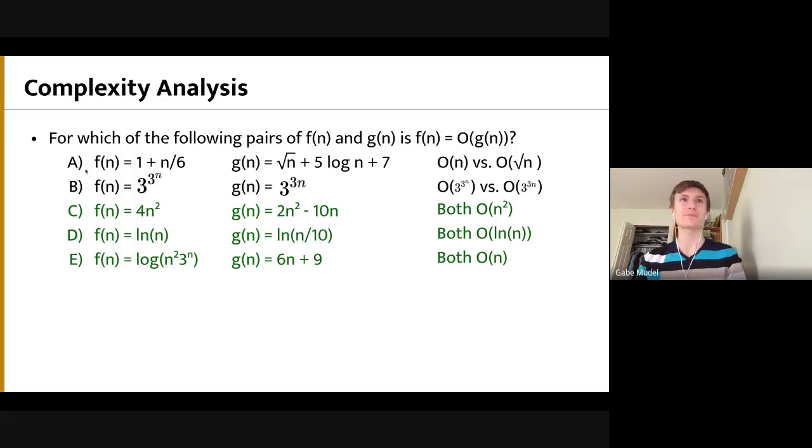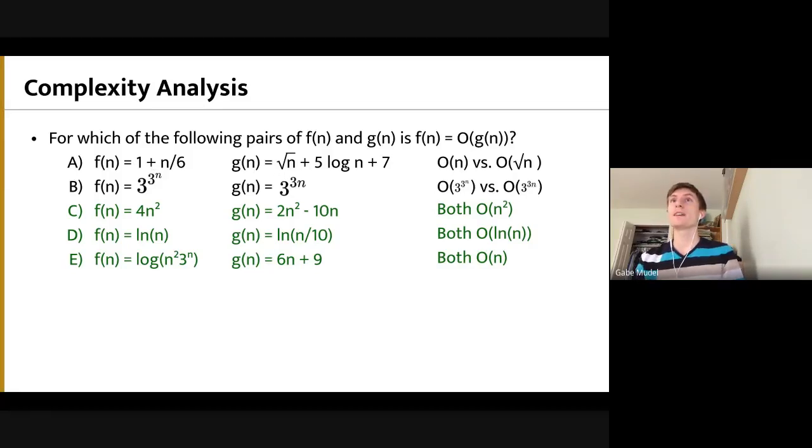So for A, it is not true. If we ignore our constant terms, which is this over 6, that's just a constant factor of 1/6. This is a smaller order term than n; this is O of 1, whereas this is O of n. So f of n is really just O of n.